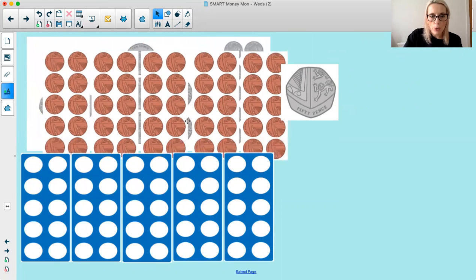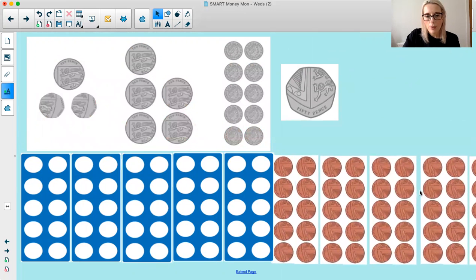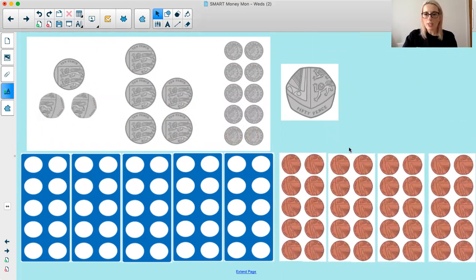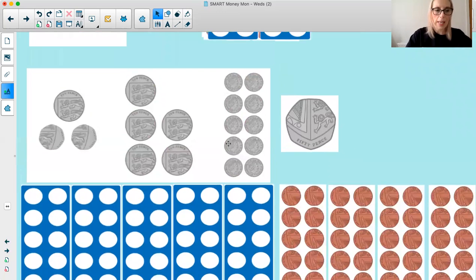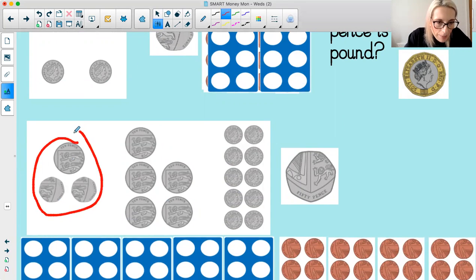Shall I show you? Look, let's move this out the way. These are all the different ways, well, some of the different ways we can make 50p. So we could make 50p like this by using two 20p's, because 20 plus 20 is 40, plus a 10 is 50. So two 20p's and a 10p make 50p.